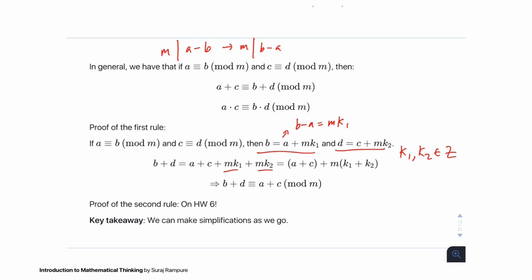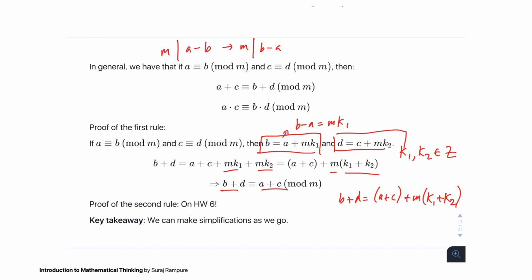But then I can common factor the m out and I get m times k1 plus k2, right? Giving me that, like this expression right here, B plus D is equal to A plus C plus m times k1 plus k2. That's exactly the form of these two equations, right? Which implies that B plus D and A plus C are equivalent modulo m.